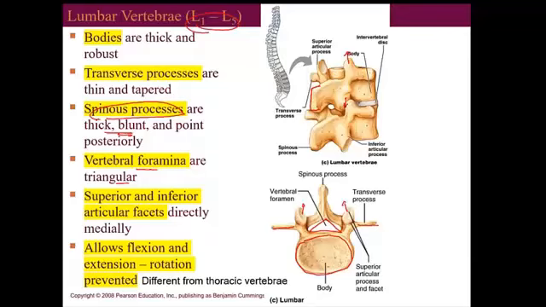So this is called the superior articular facet or process, and this is called the inferior articular process right here. Now, as I said, this allows flexion and extension on that vertebra, and rotation is the one that's prevented. So that's the difference between the two. This is the lumbar vertebrae, we call it the lower back.